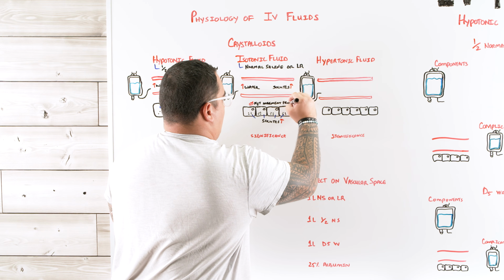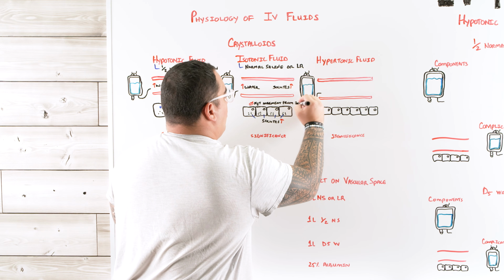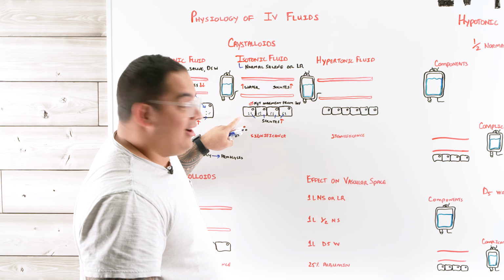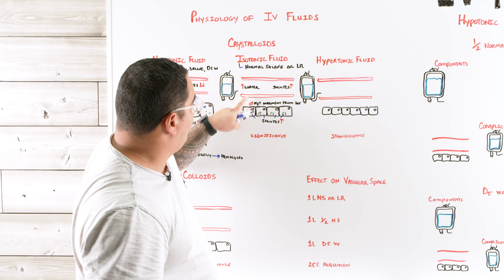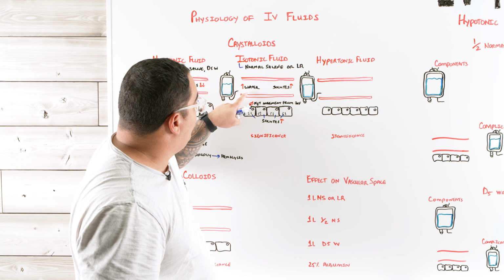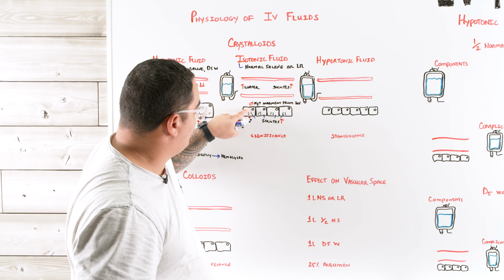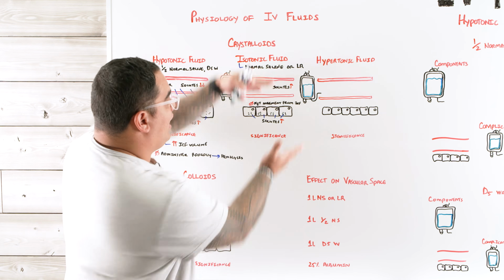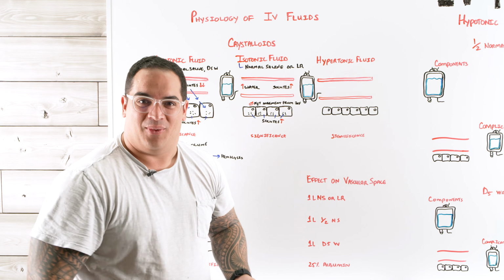And so because of that, there is no net movement into the cells or from the intracellular fluid. What do I mean? That means no fluid is leaving the cell, right? None of the fluid is coming out of the cell, going into the interstitial space and going into the vascular space. And no fluid is leaving the vascular space into the interstitial space and going into the intracellular fluid. There's no net movement. You're at a dynamic equilibrium, if you will.